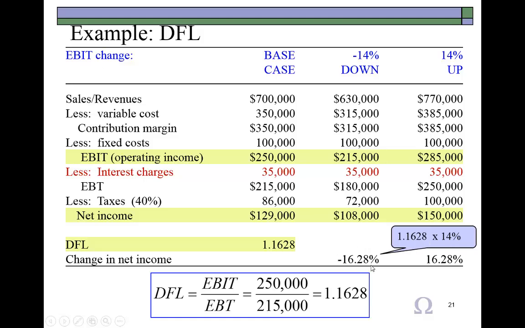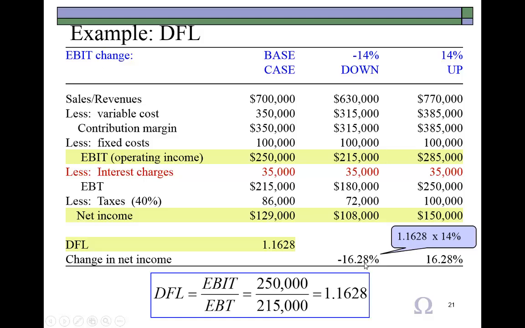That tells you right away that that's how much your net income is going to decline. So without even performing the rest of this analysis, if you were to tell me that going forward we're expecting a 14% decline in EBIT, do I know by how much net income will go down? I'll tell you right away that it's going to be 16.28%.